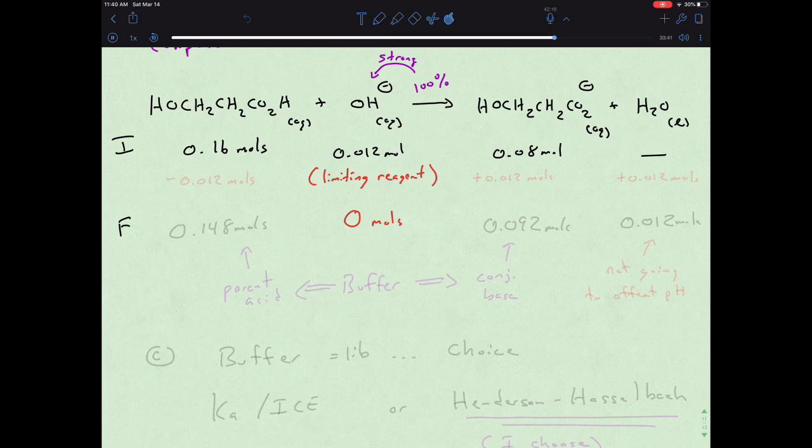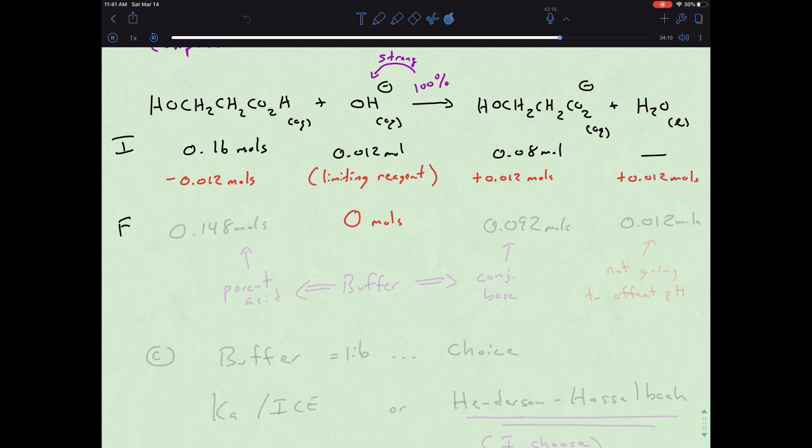So again, the exogenous strong base is completely neutralized by the buffer components. So that's really our mole value of change, that we would be losing glycolic acid by that mole value of hydroxide, but we would be gaining that mole value in terms of the products of this neutralization reaction.